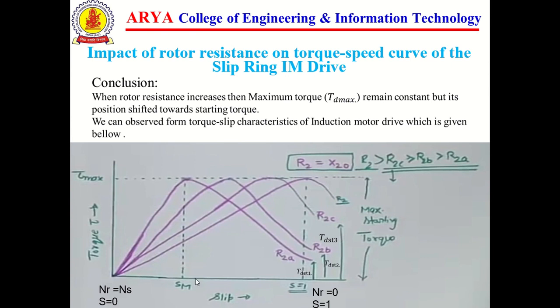As we increase the slip to S equal to 1, we get this torque slip characteristic, and similarly the speed decreases. This is the torque speed curve. This is the impact of rotor resistance on the speed torque curve of slip ring induction motors.